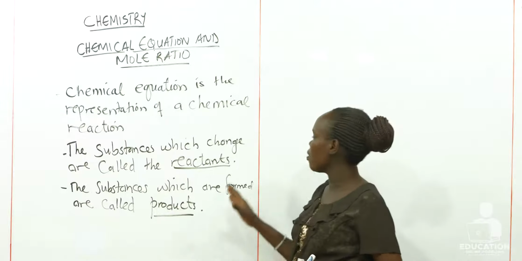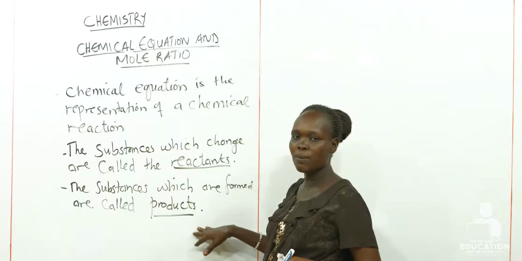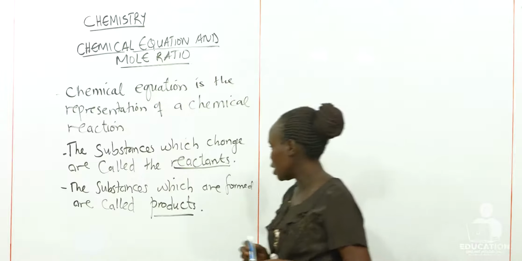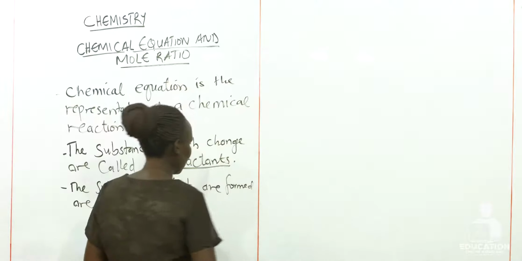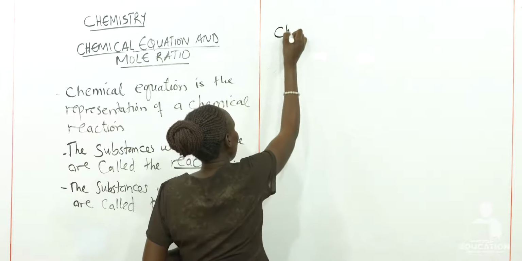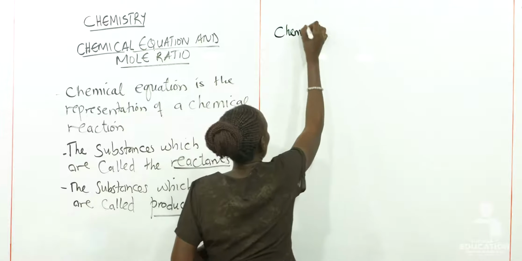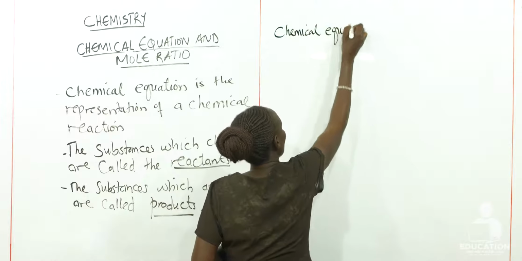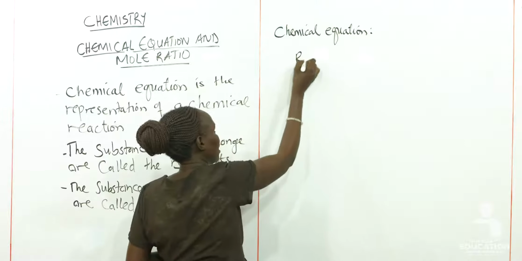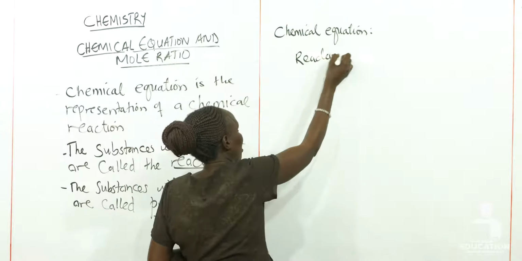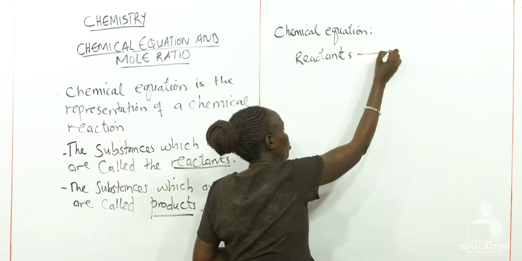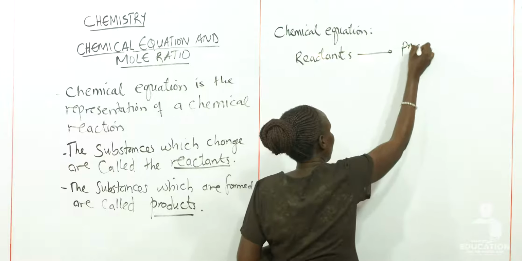In each chemical equation we have the reactants, and we also have the product.